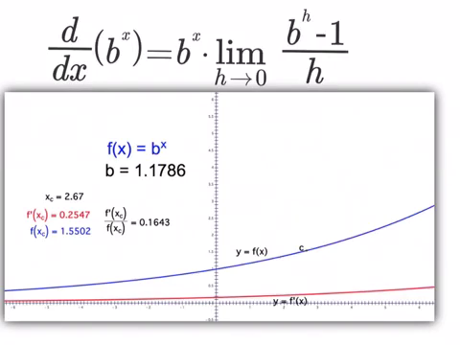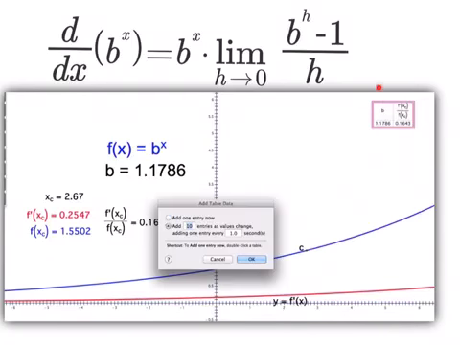Now let's go back to the graph. And what we're going to do here is keep track of the value of the ratio for different values of b. One way to do that is to create a table of values of that ratio.